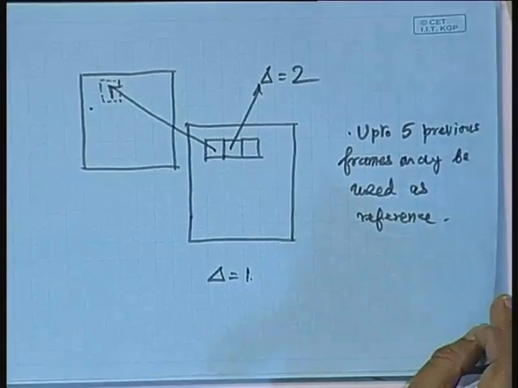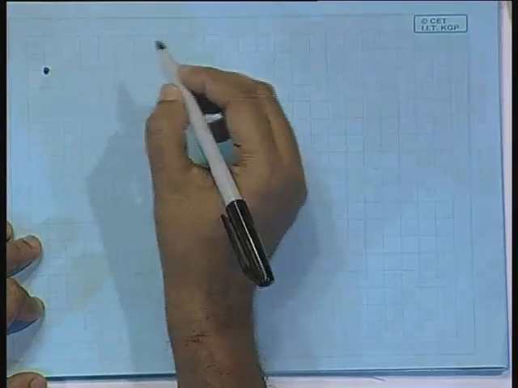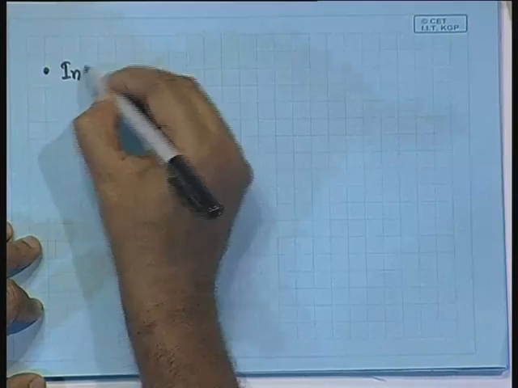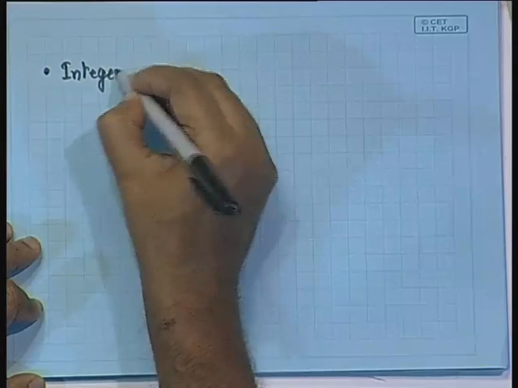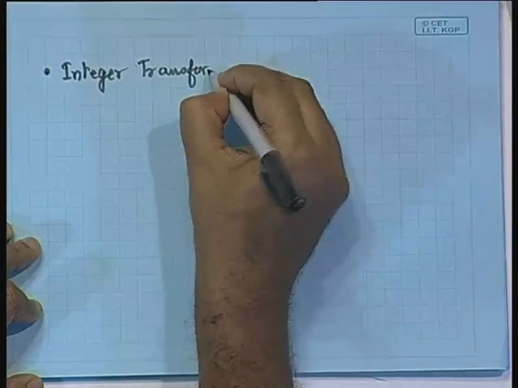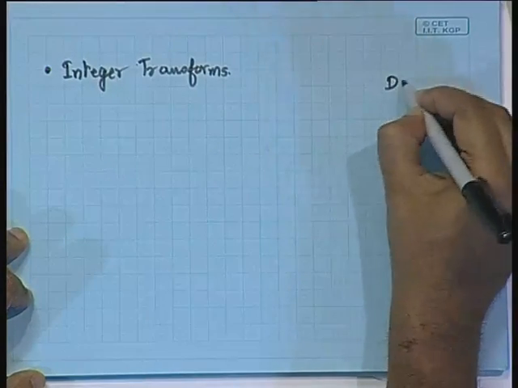Then another point where it has gained is the transform. The transform is actually an integer transform. In all the previous standards, they have used the DCT.